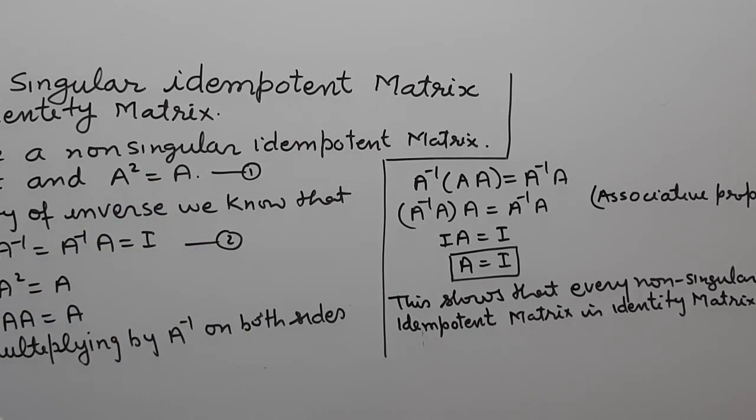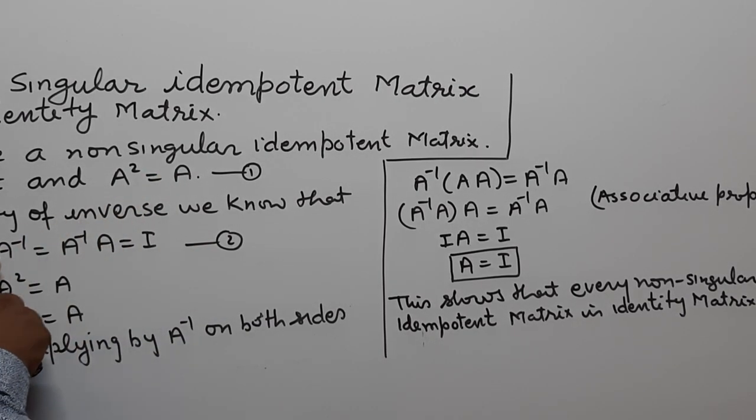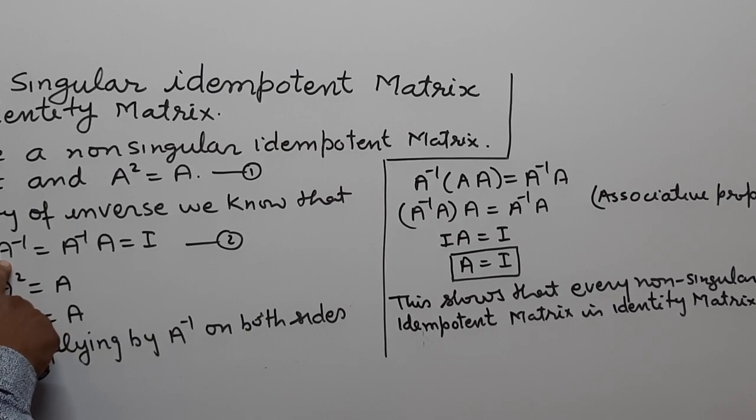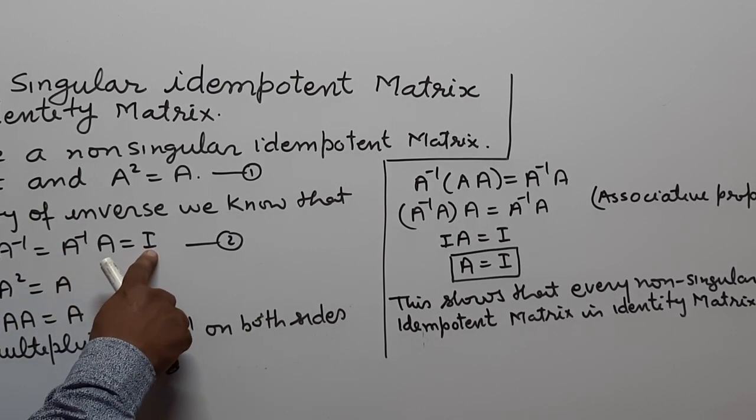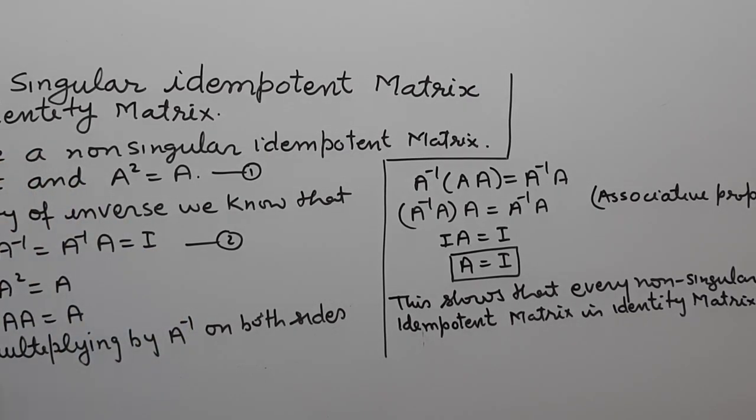We know that by the property of inverse, A multiplied by its inverse or A inverse multiplied by A matrix, we get the identity matrix. Now A is idempotent, so we know that the square of A is equal to A. A square can be written as A multiplied by A is equal to A.